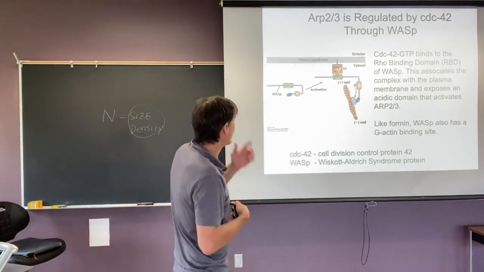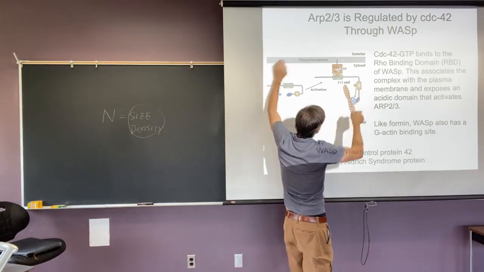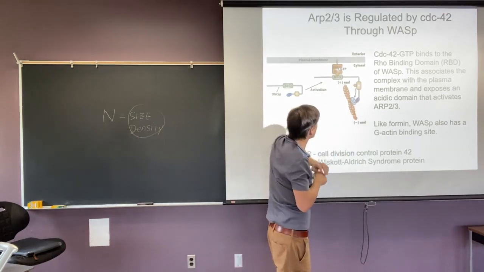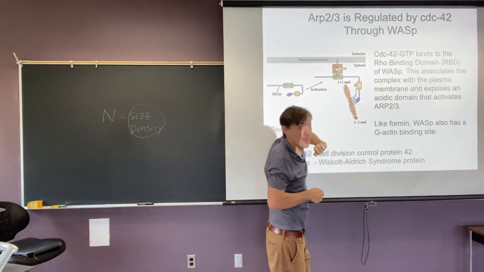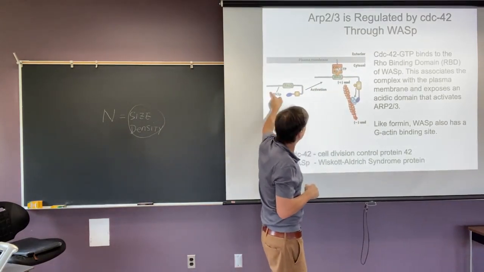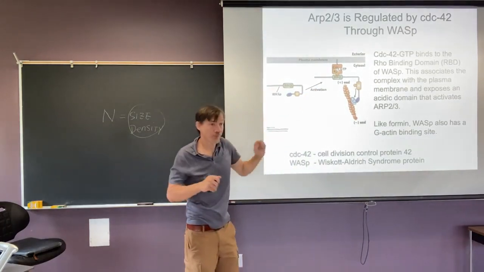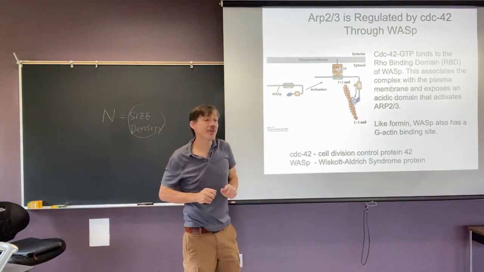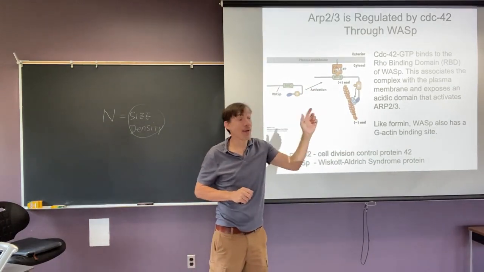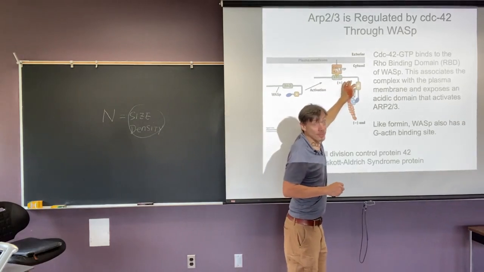But in any case, up here we've got our plasma membrane. It's got a lipid anchor. CDC42 is bound to the membrane. It's bound to GTP here. That is then activating WASP. So before we had this theme where Rho activated formins to modulate actin assembly.